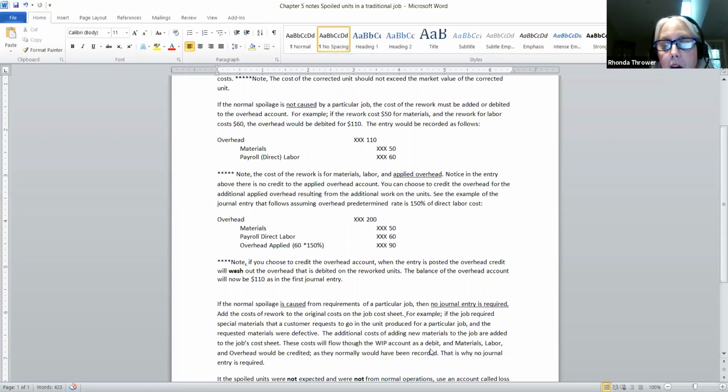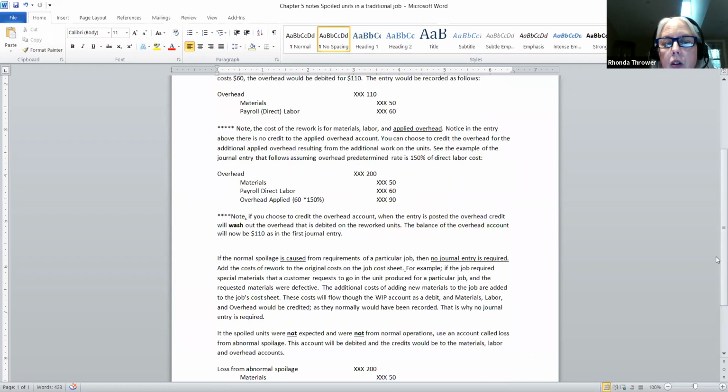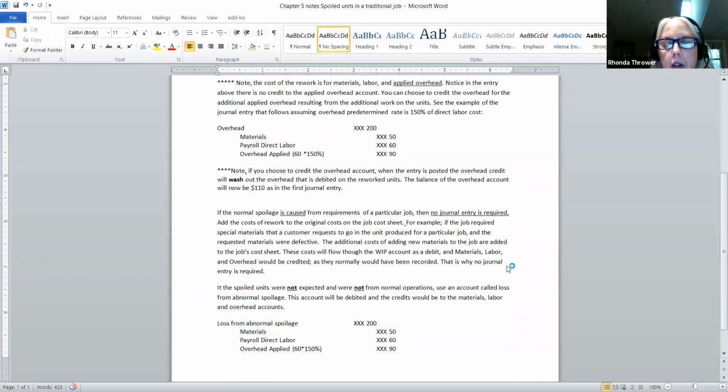The applied overhead of $90 also goes into work in process as a debit. There is no extra journal entry to update the overhead account. The journal entry would have been the same thing that we normally do. It's just that the cost would be added to the job cost sheet.